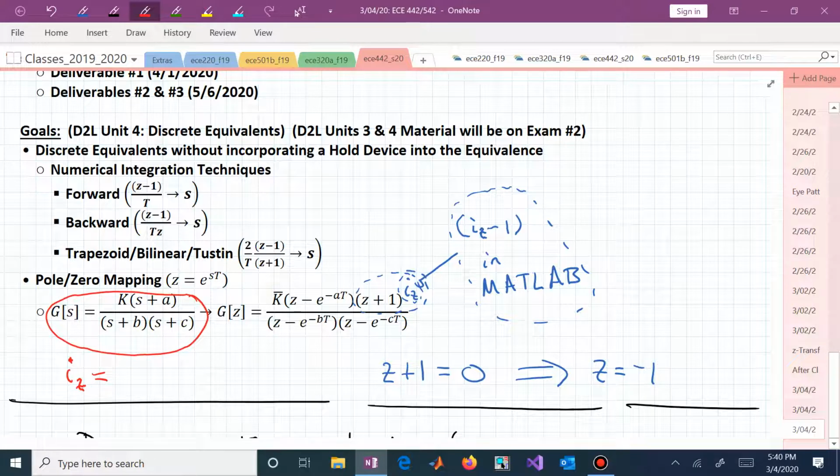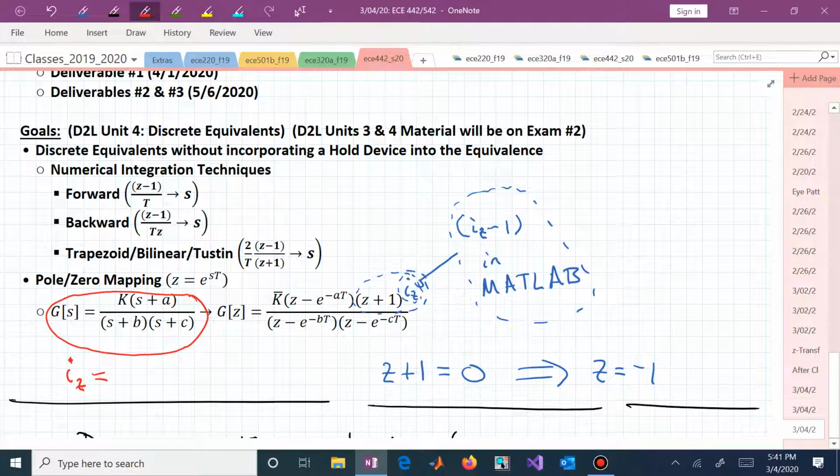That means that if we looked at s going off to infinity, would G of s vanish? Would it become 0? If you look at s going to infinity in that expression, do you see that in the s plus a factor, the s dominates? And in the denominator, you have an s plus b times an s plus c. In each of those respective factors, the s's dominate as s goes off to infinity.